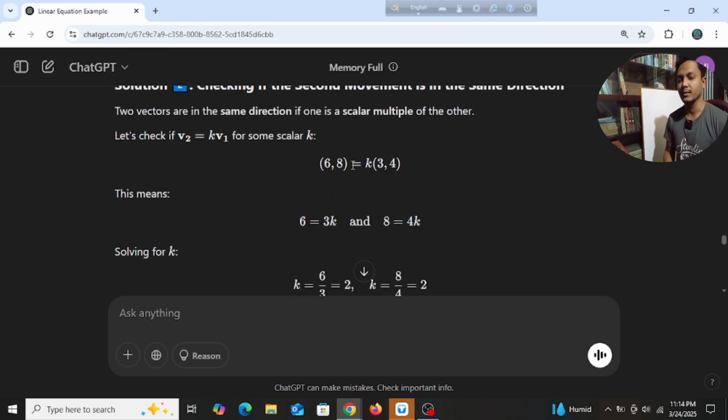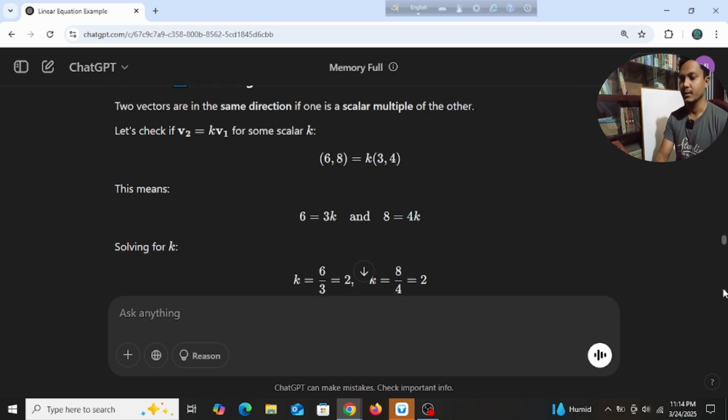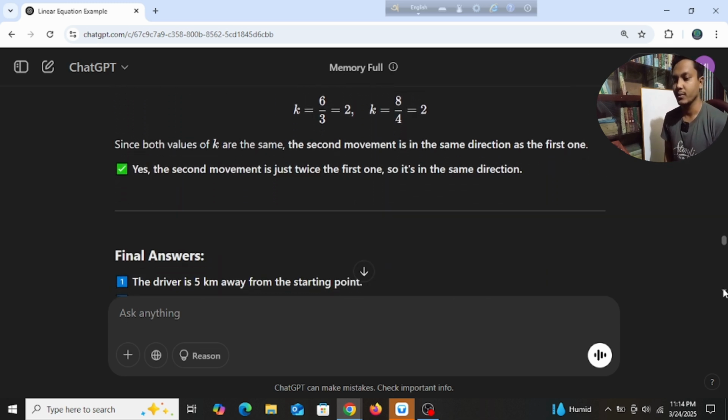So this is simple: these values are being multiplied by 2 directly. Since both values of k are the same, the second movement is in the same direction as the first one.